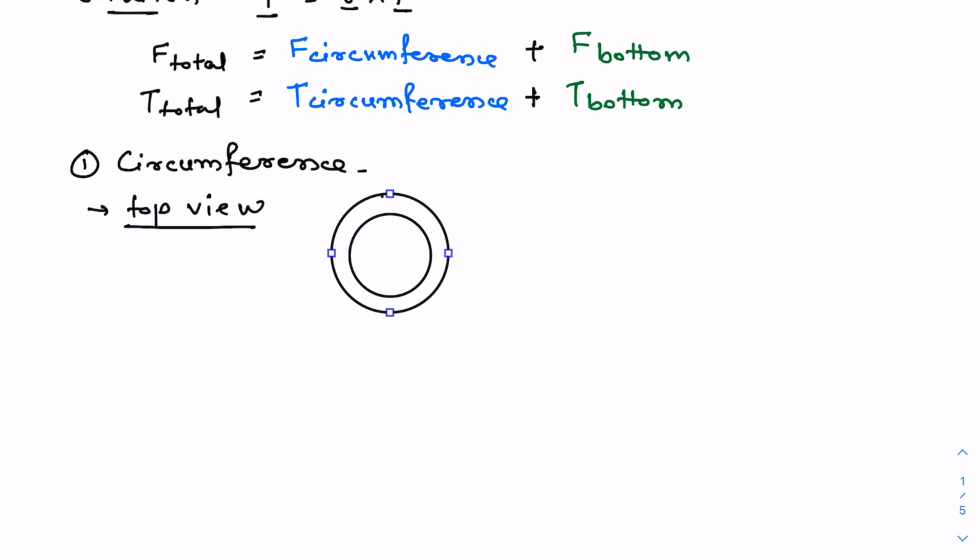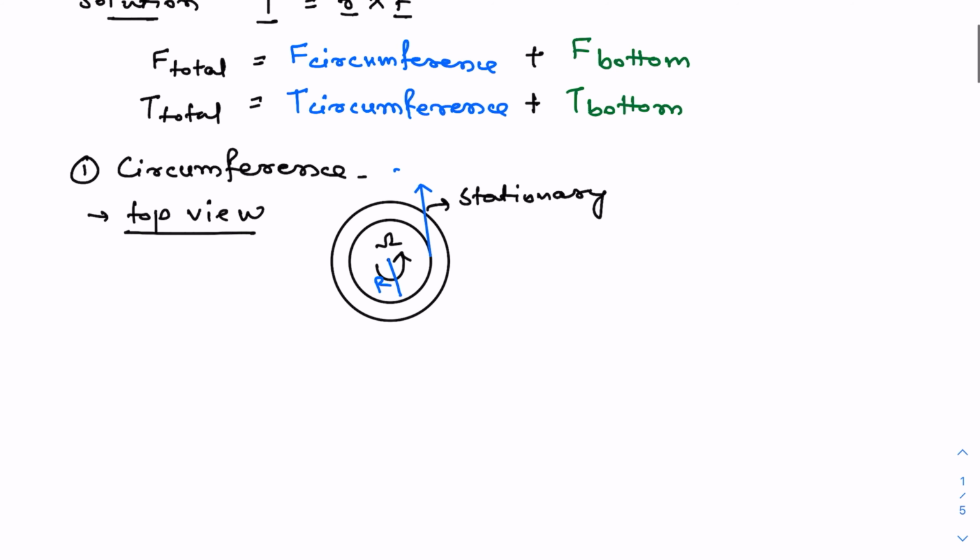The inner cylinder is rotating with an angular velocity omega, and the outer cylinder is stationary. So because of the no slip boundary condition, the fluid which is close to this inner cylinder is moving with a velocity omega r, while the fluid which is here at the outer cylinder is not moving and has a zero velocity.